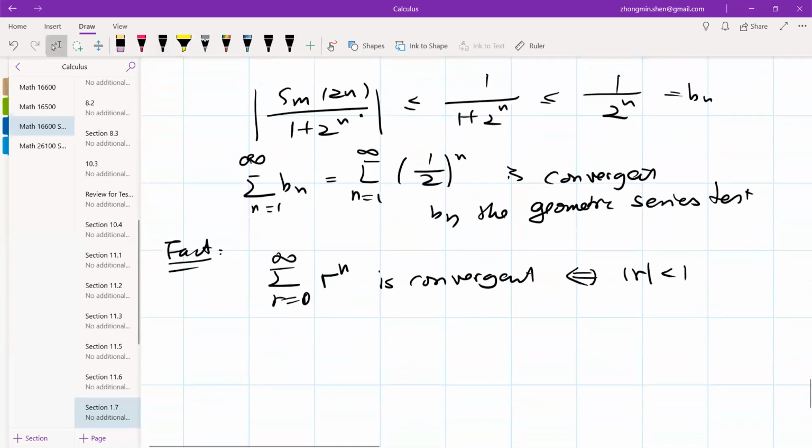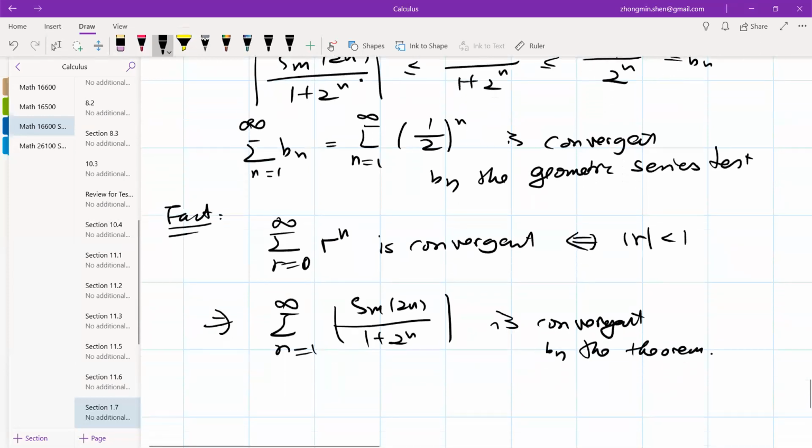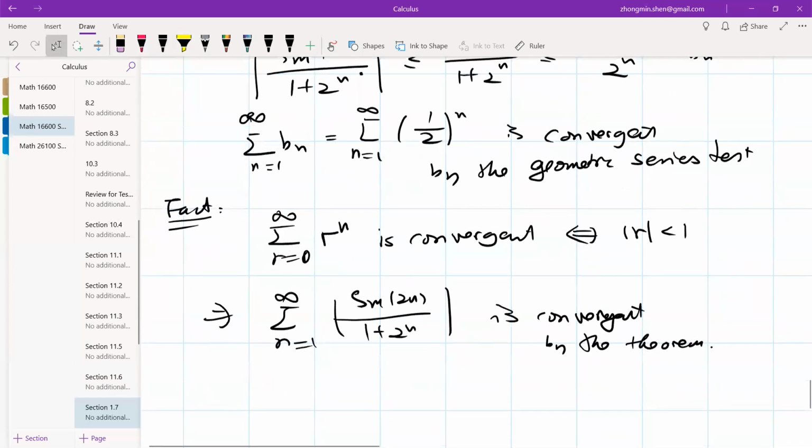Okay, so now, you cannot directly say this implies the absolute value of this term is convergent, right? Actually, this is just by the comparison test.